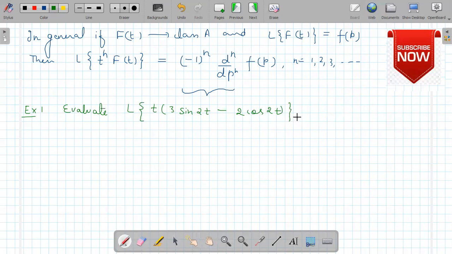Okay, so if you hide this t, it is very simple to find the Laplace transform of this expression. But because of this, we have to use the rule that we have understood. So let's do the solution. So let me first use the linearity property.